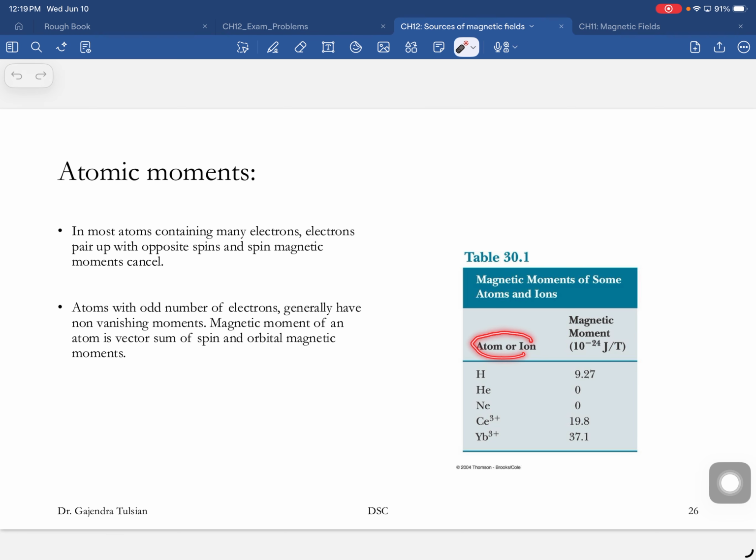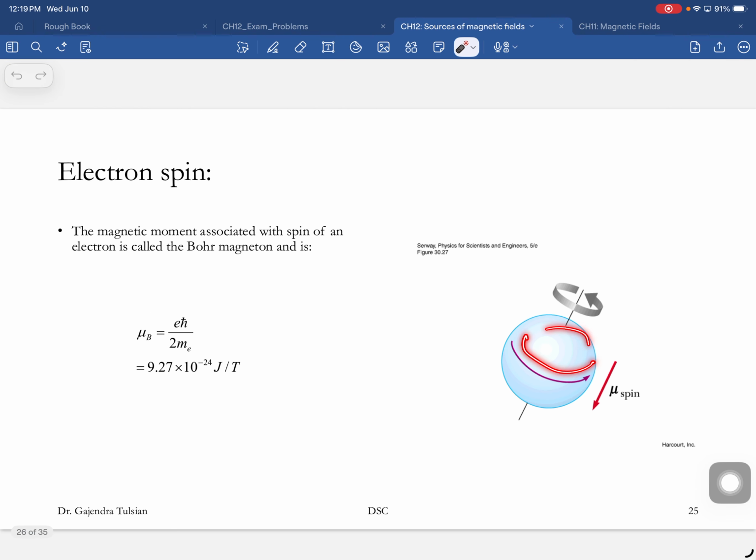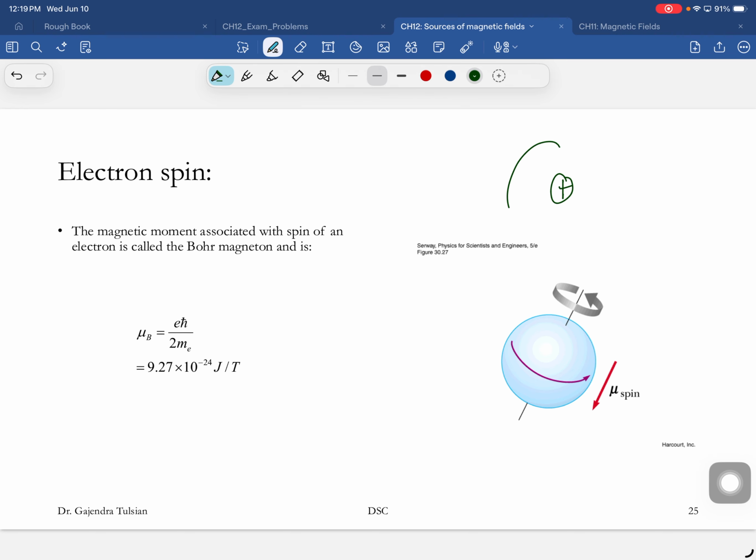Here are these atoms or ions. The hydrogen atom behaves like a magnet whose strength is 9.27 times 10 to the minus 24 joules per Tesla. The hydrogen atom has the nucleus there, and it behaves like a magnet whose moment is equal to the moment of the spinning electron.